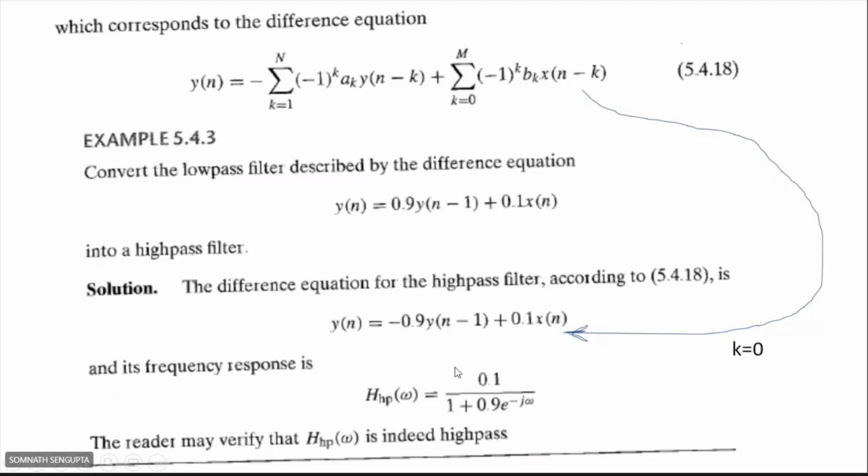As we have seen in earlier cases, these are the locations of poles and zeros that we should have. So the locations of poles and zeros we have understood. Is it clear? Yes, sir.